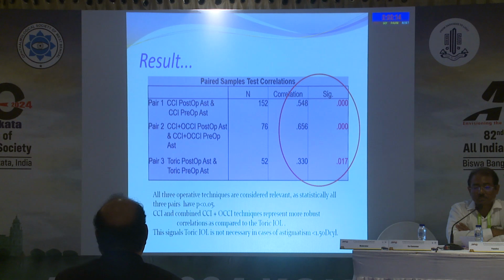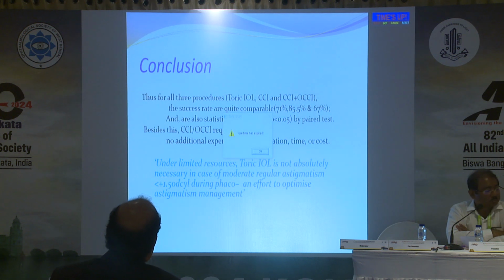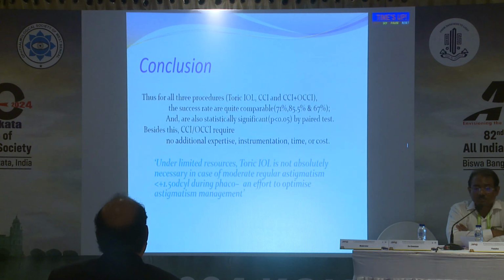This signals the toric IOL is not necessary in cases of astigmatism less than 1.5 diopter. To conclude, all three procedures have success rates that are quite comparable and all statistically significant, that is less than 0.05 in paired test. And besides, clear corneal incision requires no additional expertise, instrument and time.